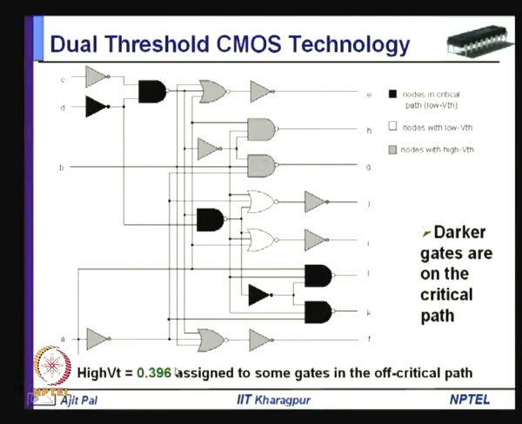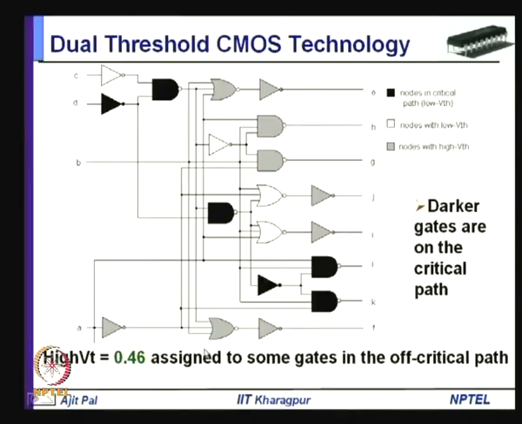So, we find that the number of gates to which we can assign high threshold voltage is reducing as we are increasing this high threshold voltage. Now consider another situation where high VTH is very close to the upper limit, that is 0.5 volt. In this case, more gates cannot be assigned high VTH, that means you cannot realize them with transistors of high VTH.